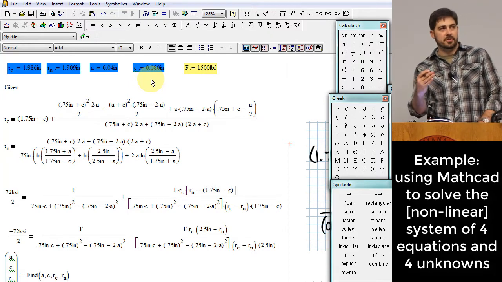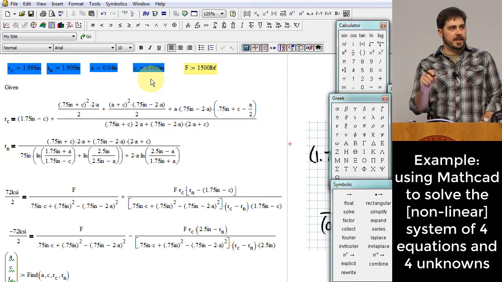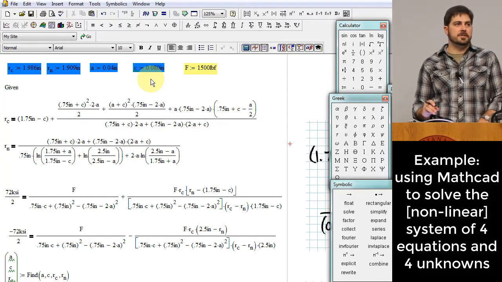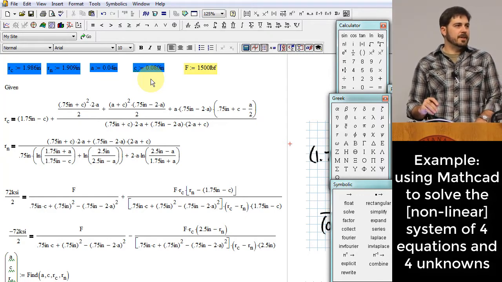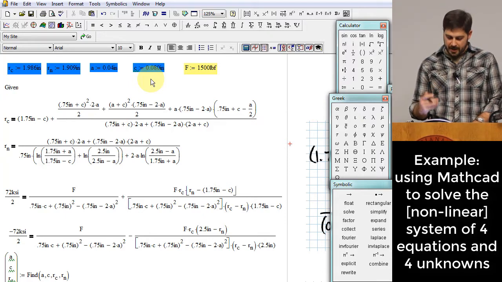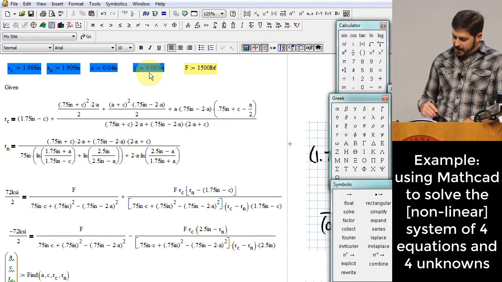It requires an initial guess. It verifies how good that guess was, makes a better guess, and keeps on moving closer and closer to an actual solution. When you have very nonlinear equations, which these are, then it matters what you use as your initial guesses. So I had to be a little bit judicious about how I made these initial guesses for all four of my values.